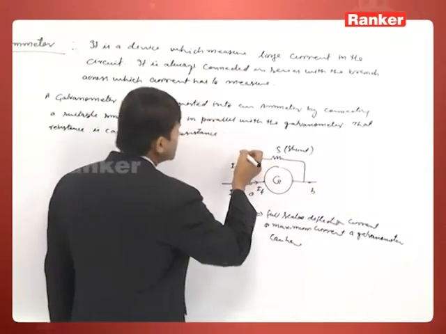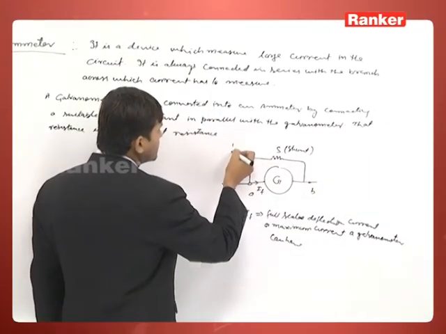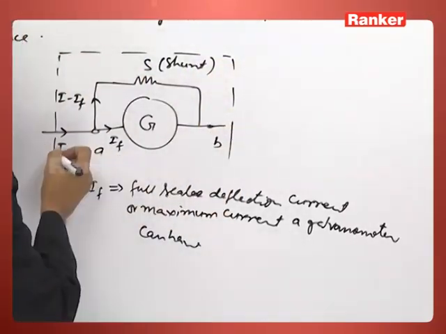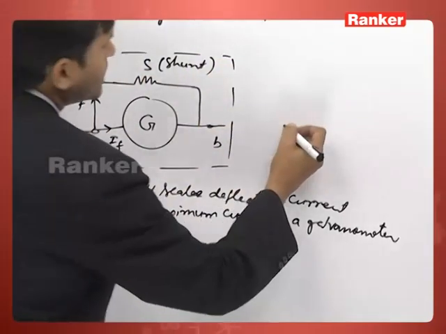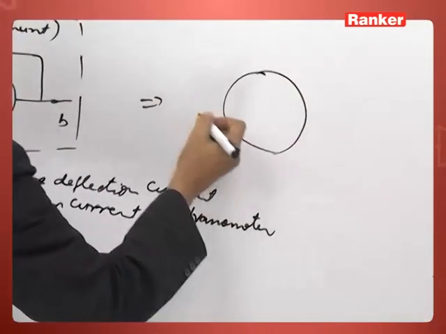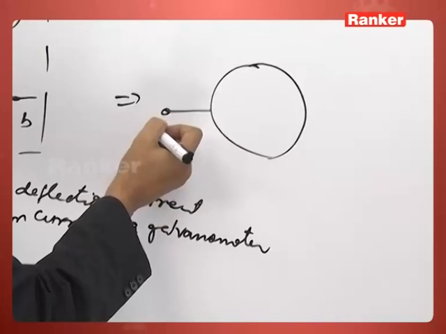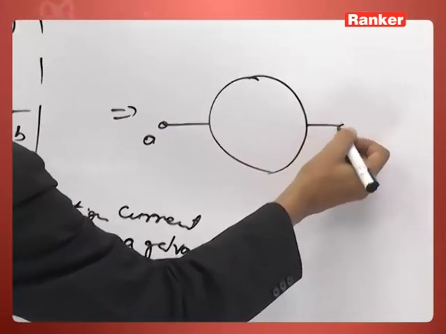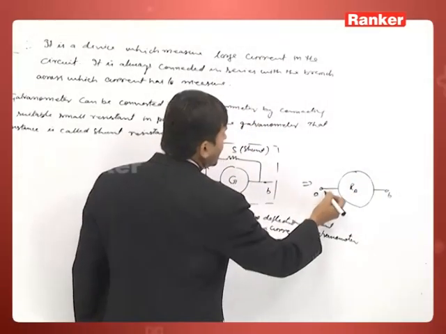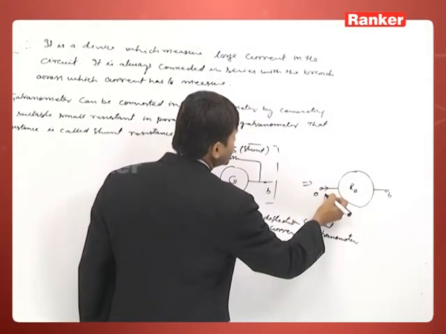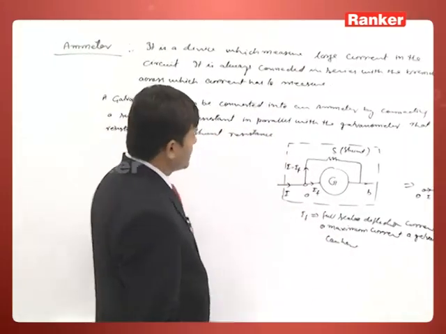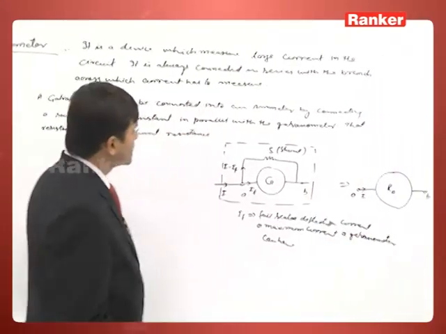So now this device can be called an ammeter. We can make this with another diagram, with terminals A and B, and here the ammeter, this is your RA. RA is the resistance of the ammeter.